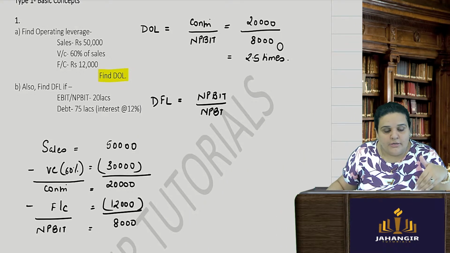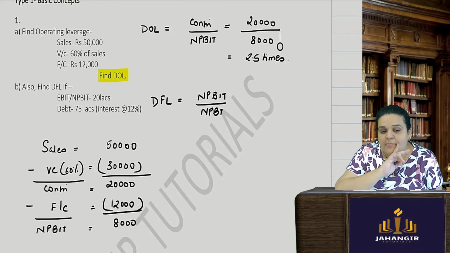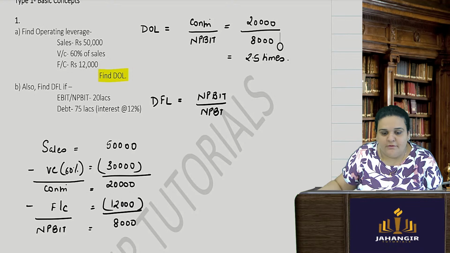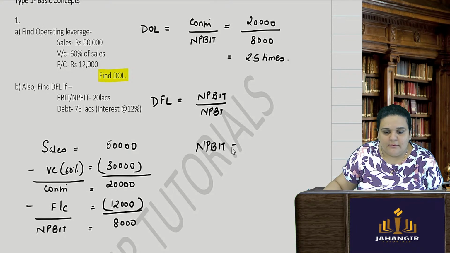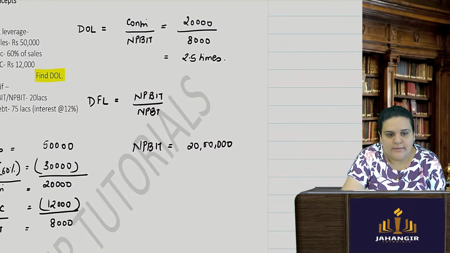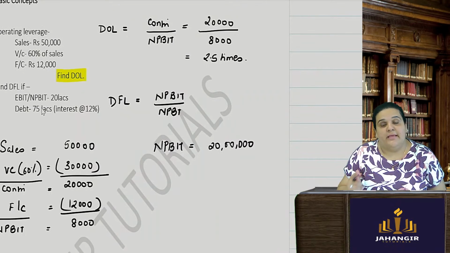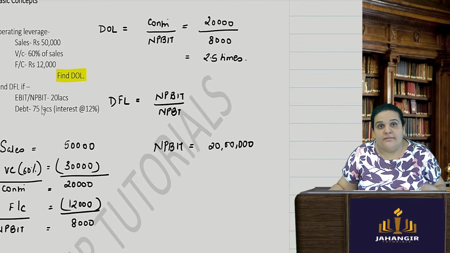Okay. Now for the next sum, it is not a continuation. So for the next sum, let's see. They have given me my NPBIT, so I'll start my income statement with NPBIT. They are telling me it is 20 lakhs. NPBIT is 20 lakhs and my debt is 75 lakhs on which I am paying an interest of 12%.